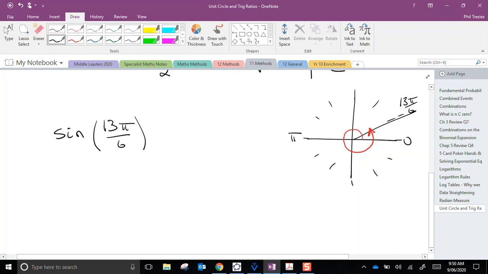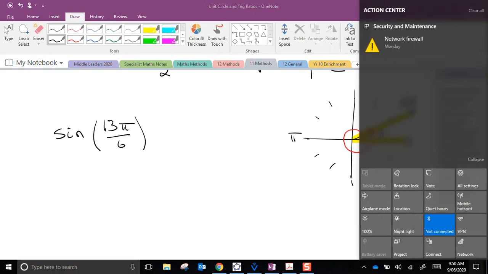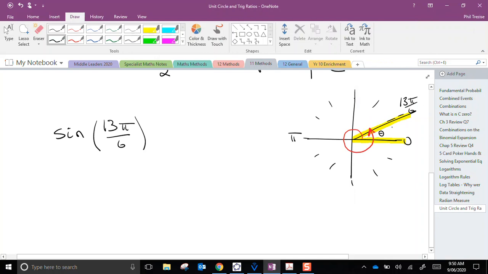Now that's a little bit of a mean one because it's greater than 2 pi, isn't it? So it's a full rotation plus an extra piece of an angle. Again, the reference angle is always in relation to the horizontal axis. My little reference angle in here is going to be pi over 6. So the sine of 13 pi over 6 is the same numerical value as the sine of the reference angle.